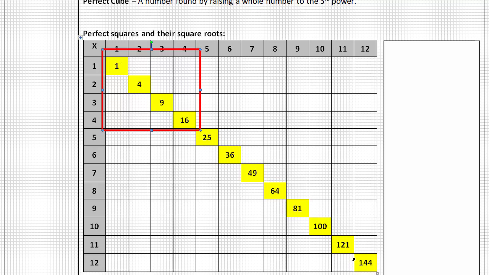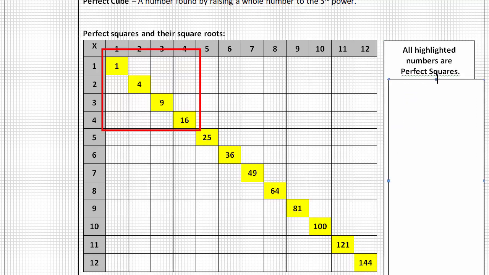I know most of you have, but think of them as perfect square numbers, and when asked what their square root is, think: what number multiplied by itself, or squared, equals that? I'd like you to answer just a few questions here off to the side. Again, all the highlighted numbers here in our multiplication chart down the diagonal are the perfect square numbers, the first 12.